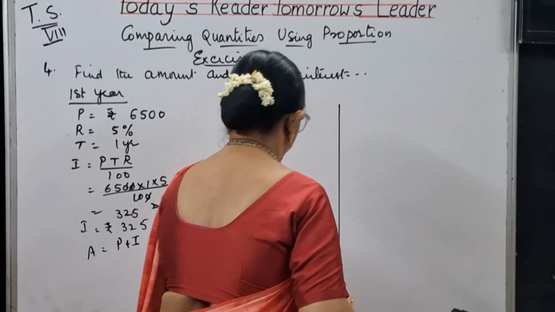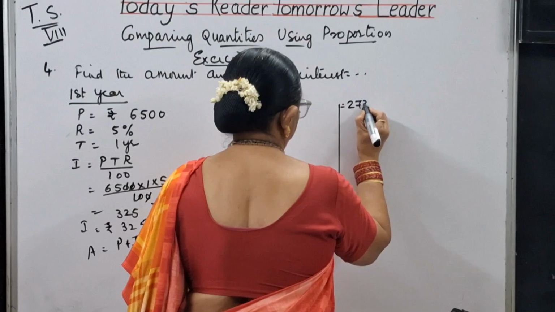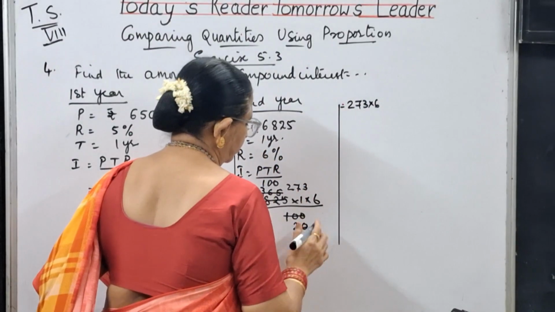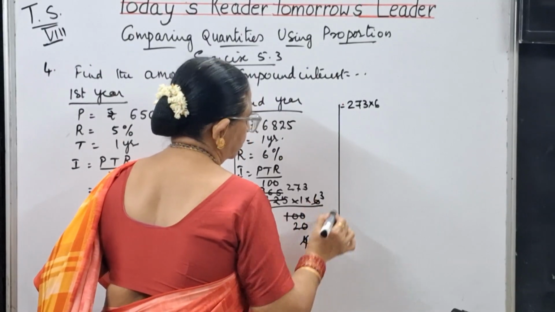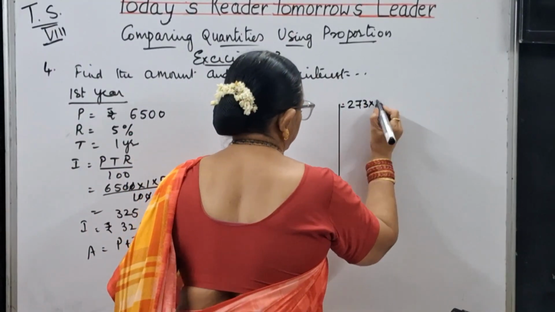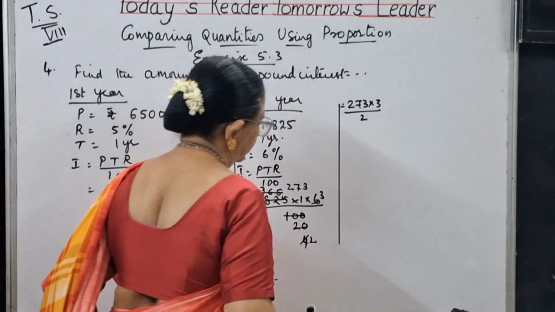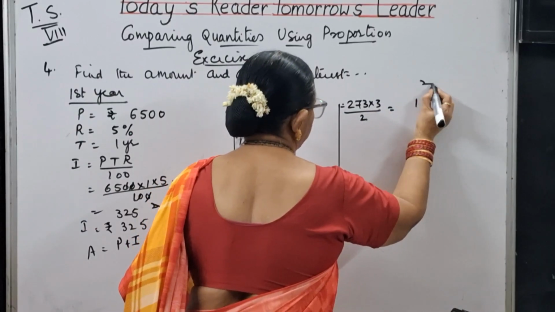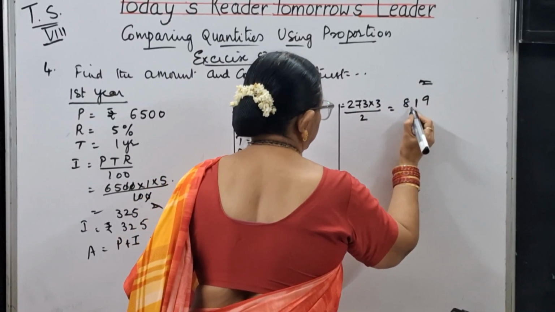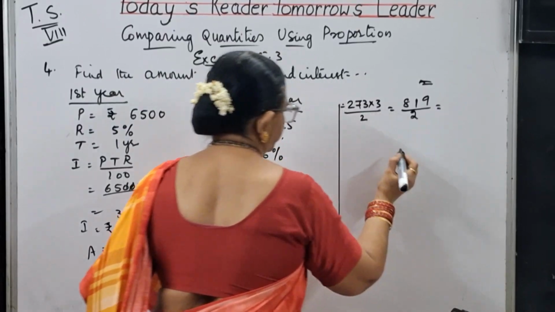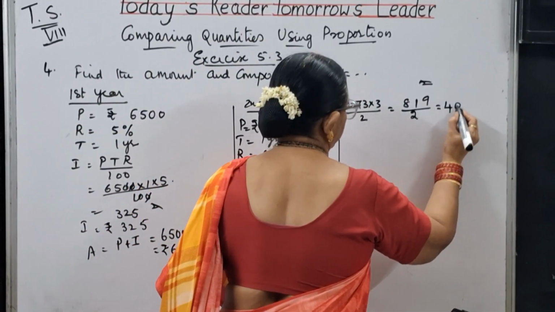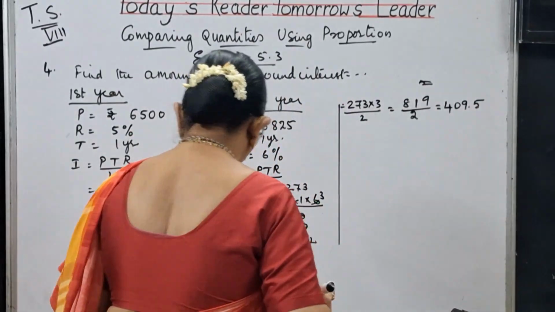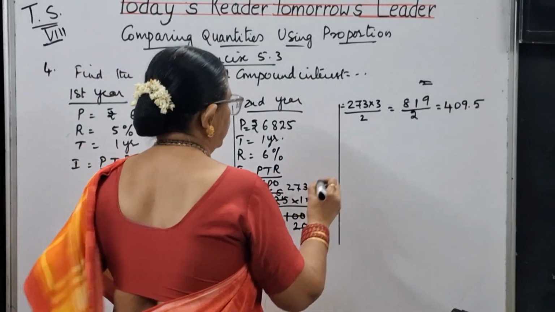This is 273 into 6. Even we can cancel this also. Let me cancel. 2 2s are 4, 2 3s are 6. So 273 into 3 by 2 I can say. So this is equal to 3 3s are 9, 3 7s are 21, 3 2s are 6, 7, 8 by 2. This means 2 4s are 8, 0, 2 9s are 18. 409.5. So what is interest?